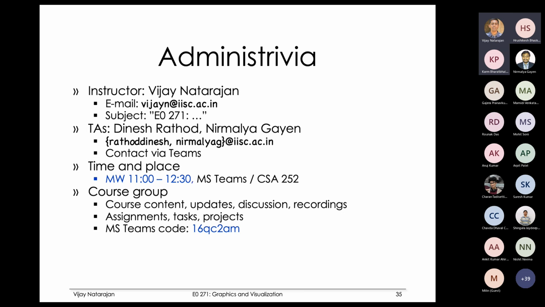So here is the Teams code. You may want to write this down. I've also posted this on the intranet page. Some of you may have seen it already. Use that to join the team if you haven't done so already. The web page is essentially a static snapshot of the course for viewing from outside IISc, right?